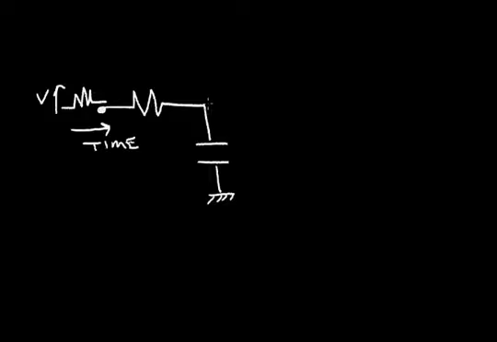Now, the capacitor will tend to resist change in voltage. So the capacitor tries to hold this voltage at this point constant, and this resistor R limits the amount of current that can flow into the capacitor. So the voltage seen here will be attenuated.